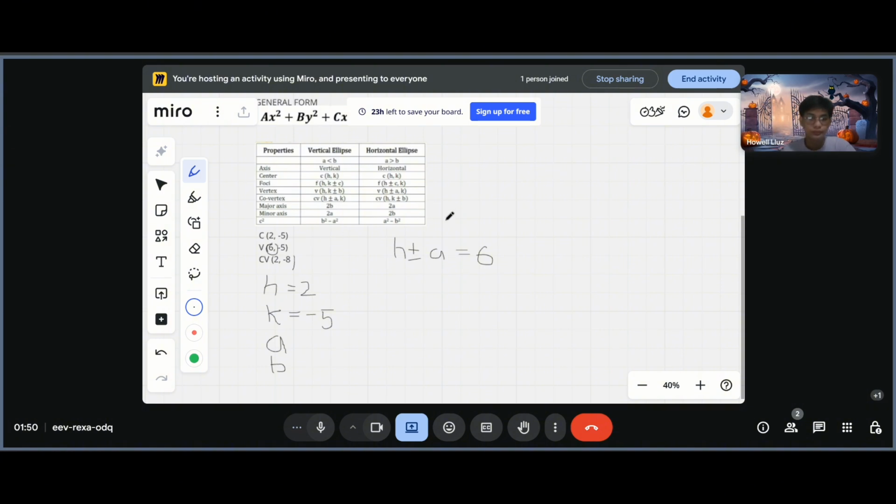For the next step, we can choose arbitrarily plus or minus. So choose plus: h plus a is equal to 6.